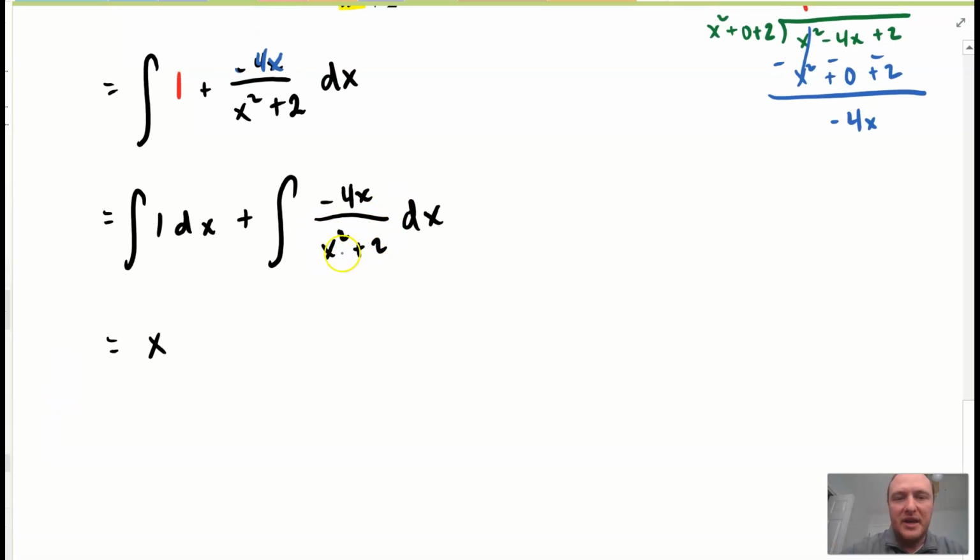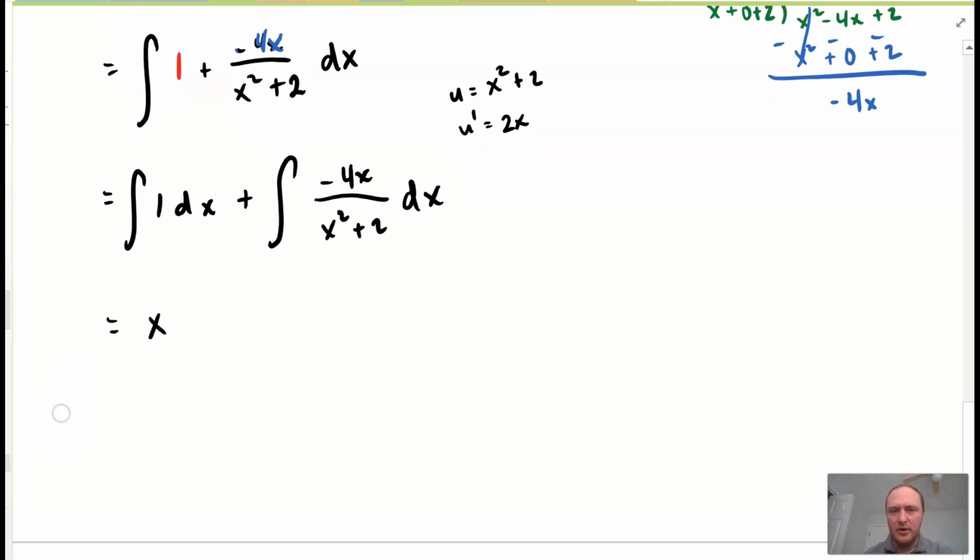Again, my denominator, notice that if I write this as a function, I'll say u is x squared plus 2, and then the derivative of this, u prime, would be 2x. Okay, well, notice I have the 2 accounted for, and I have an x.